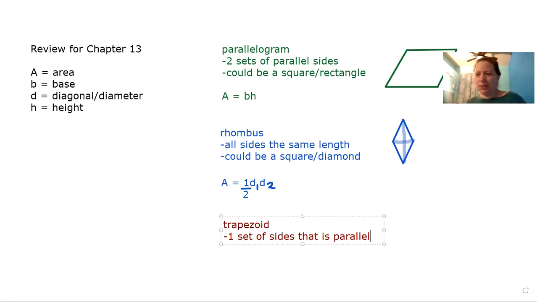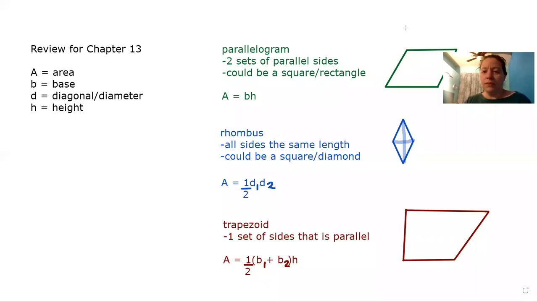It's just a trapezoid. I can't think of any other special name for it. So with a trapezoid, area is equal to 1/2 base 1 plus base 2 times height. So let me put in all of my lines. As you can see, for our trapezoid, we have base 1, base 2, and then the height, which is however tall that is.